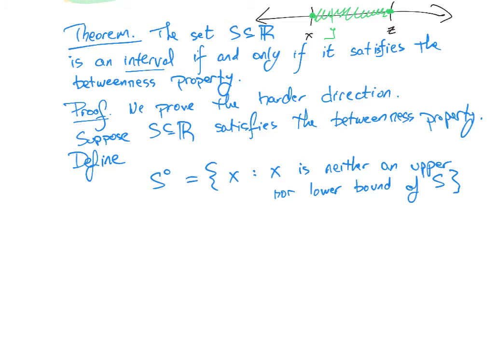I'll admit that's not the most obvious definition. What I'm trying to capture is kind of the middle of the interval. The stuff in the middle, it's not an upper bound of the interval because there's things to the right of it. It's not a lower bound because there's stuff to the left of it. So this is the middle of the interval.